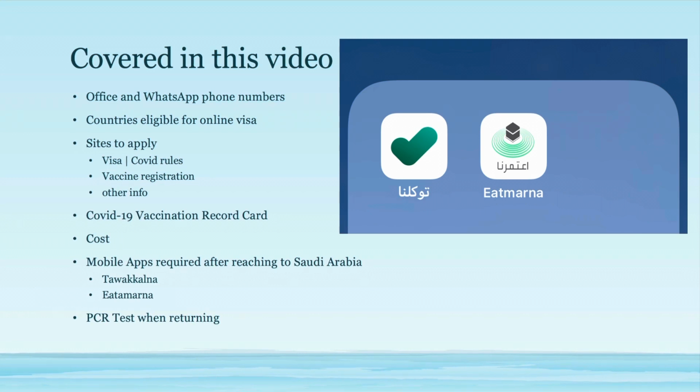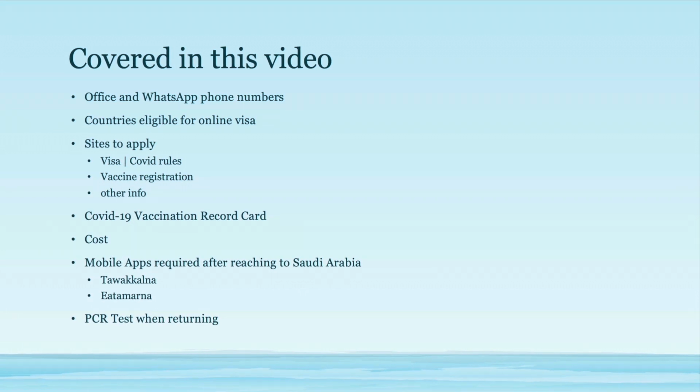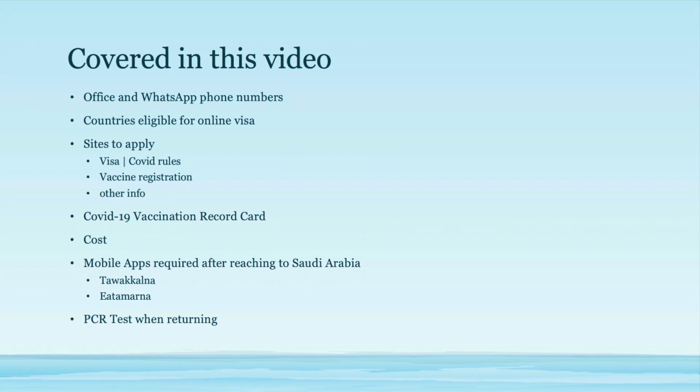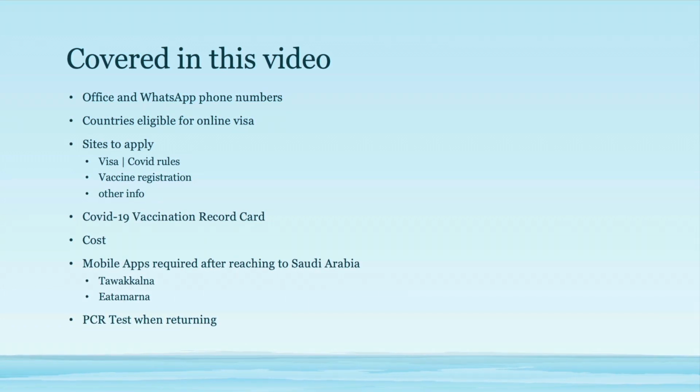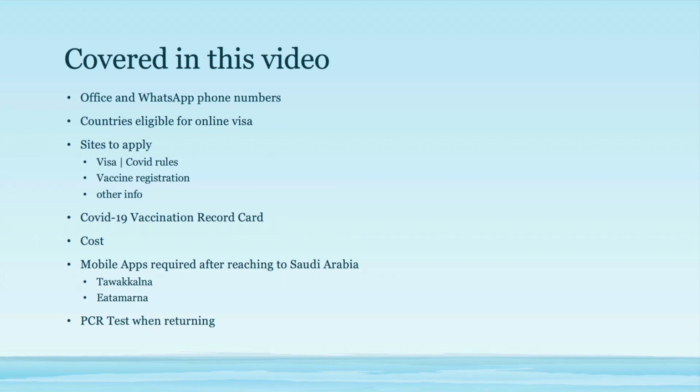And for Eatmarna, you need it to make an appointment for Umrah or visiting the Roda or visiting the Prophet. I have created a video how to seek help when registering for these apps. You don't require this before leaving, but it is required for you to download these apps after you reach there.